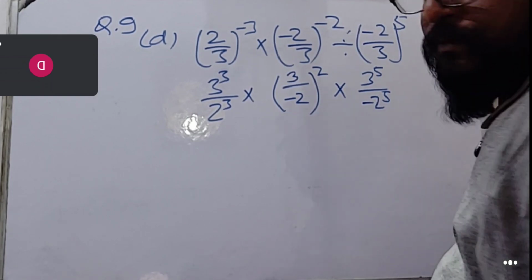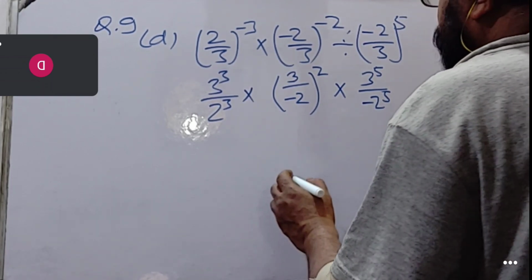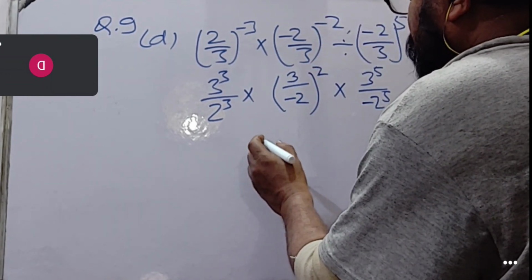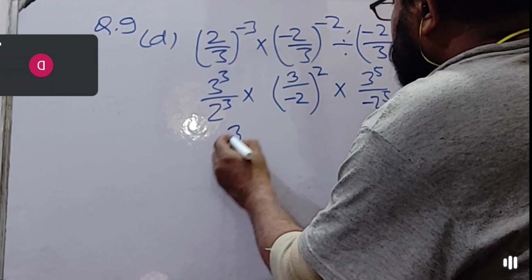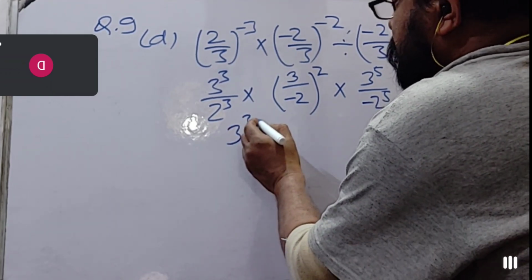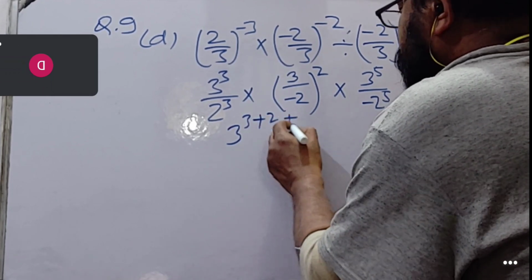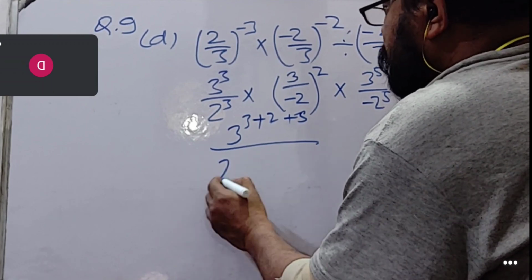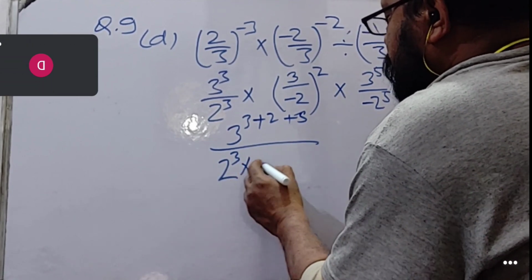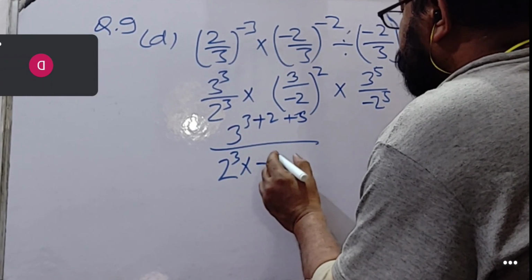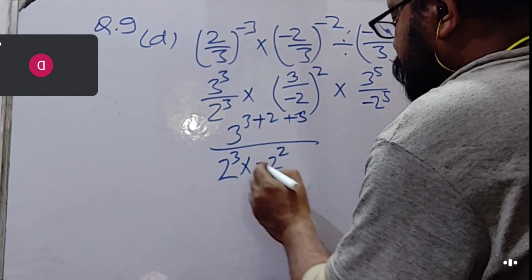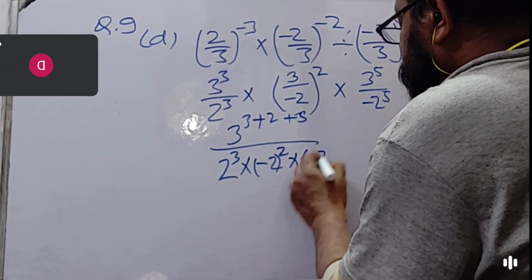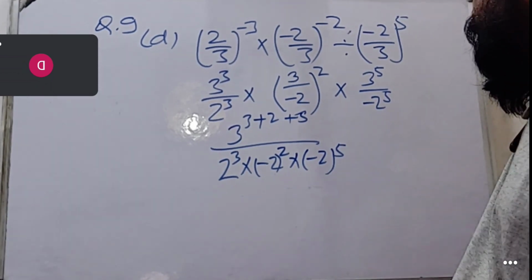So what will be? So it is 3 raised to the power 3 plus 2 plus 5 upon 2 raised to the power 3 into minus 2 raised to the power 2 into minus 2 raised to the power 5. Fine.